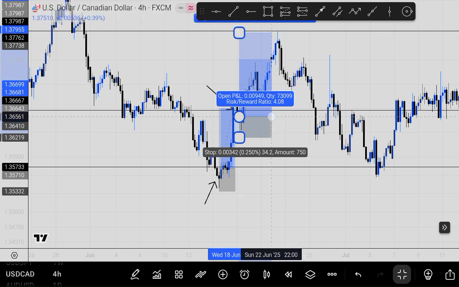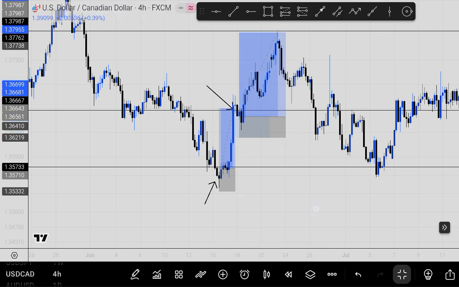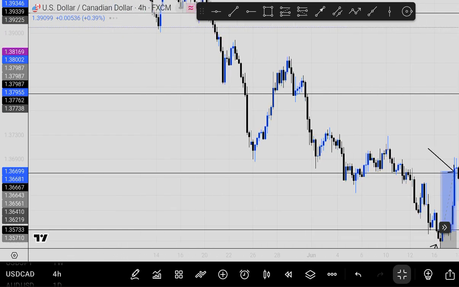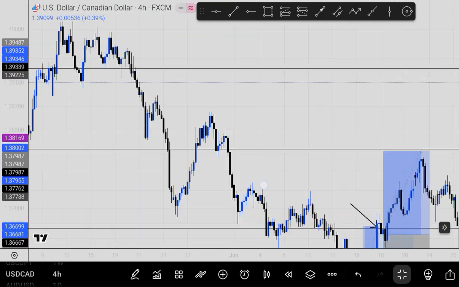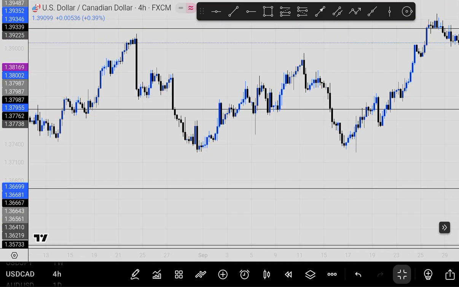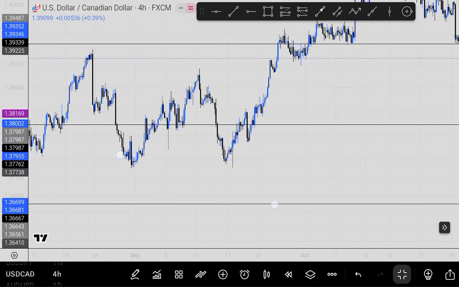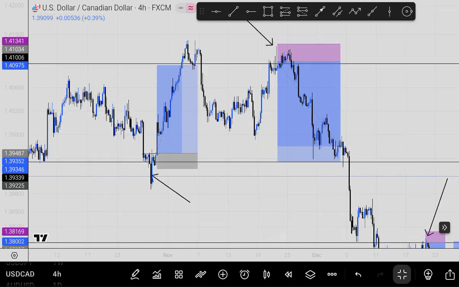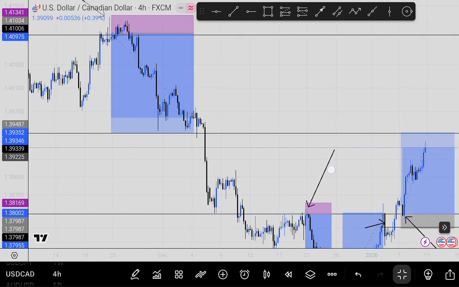You can see, trade to this next zone, and that is how I trade my support and resistance in Malaysian style. You can check the previous video for more explanation where I explained the Malaysian support and resistance.